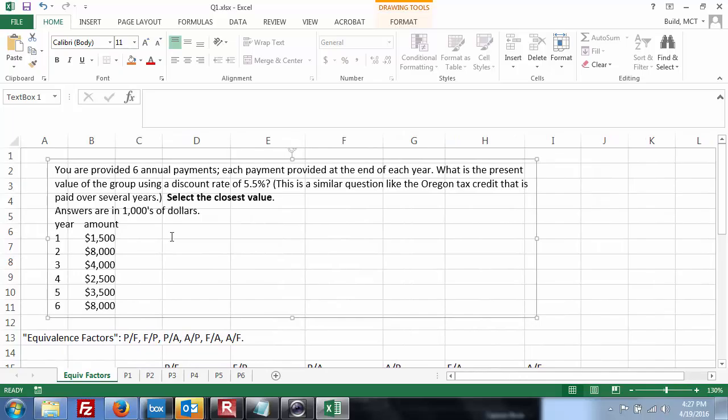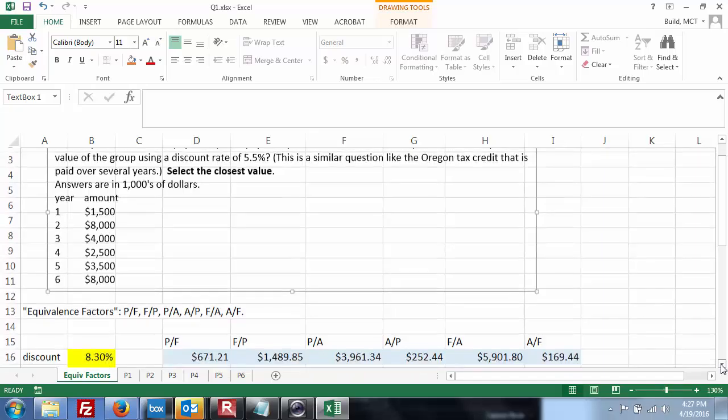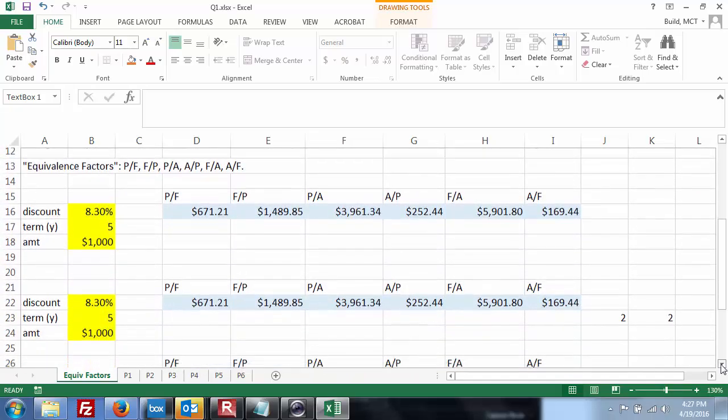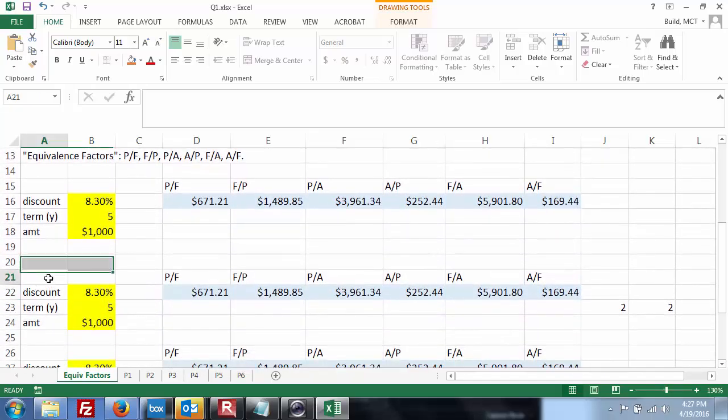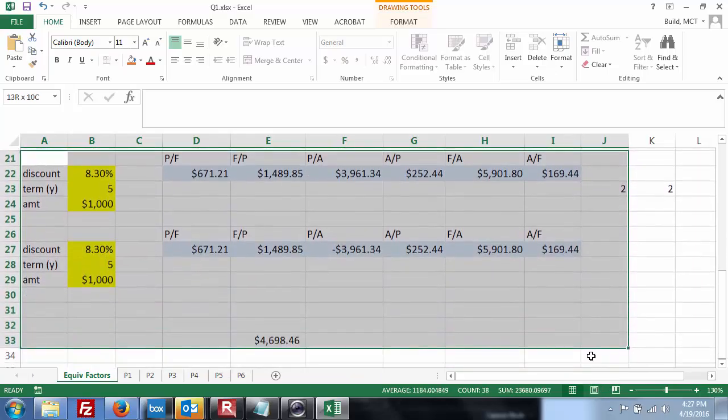So what we're going to do, since these are just so random, they're going to have to be done as 6 separate problems. That's the only way I can see how to do it. So first I'm just going to delete all this stuff because I've got a new question.